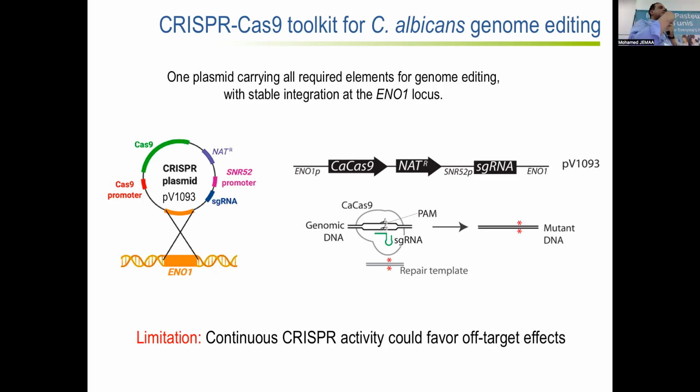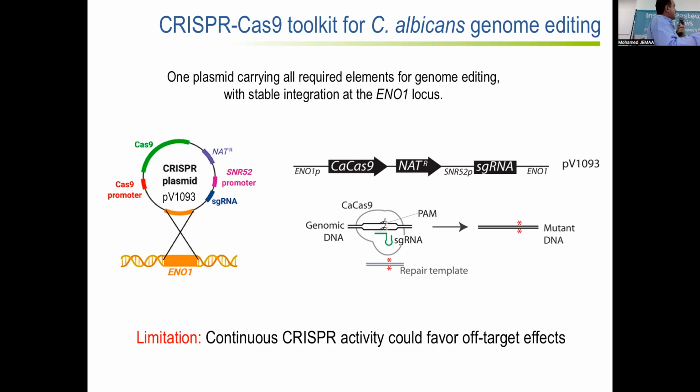So if you provide Cas9 from yeast or bacteria, you basically translate into serine and you create a mutant that does not function. So you have to change your codon to allow Candida albicans to translate it into a leucine and not introduce mutations like that. So it's a codon optimized Cas9 version.